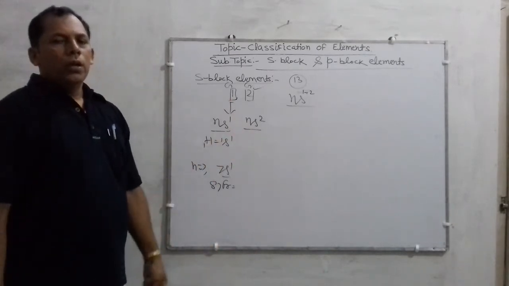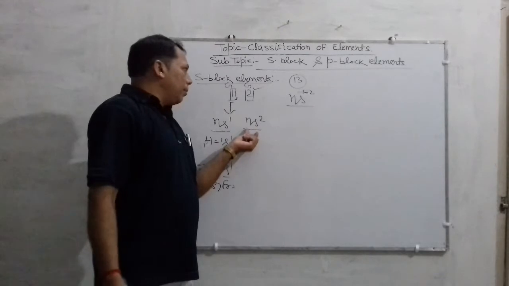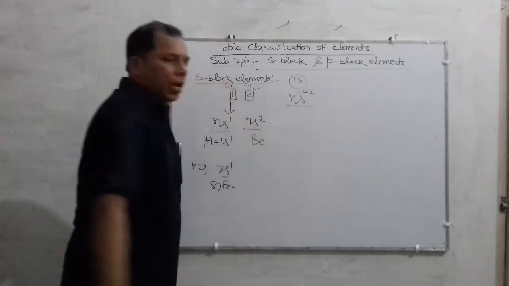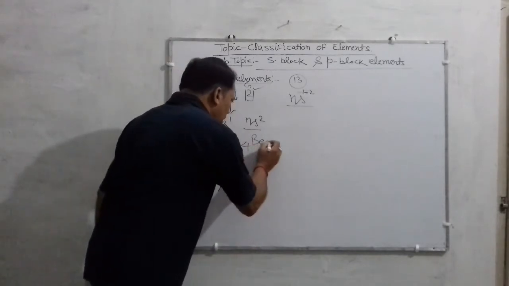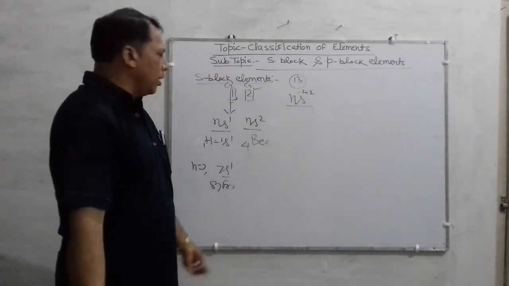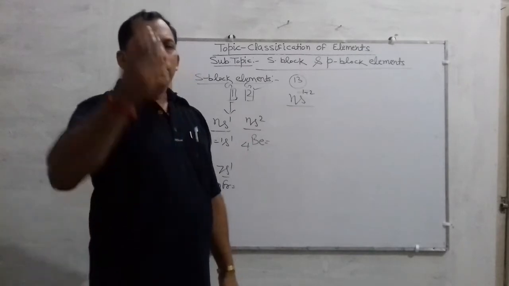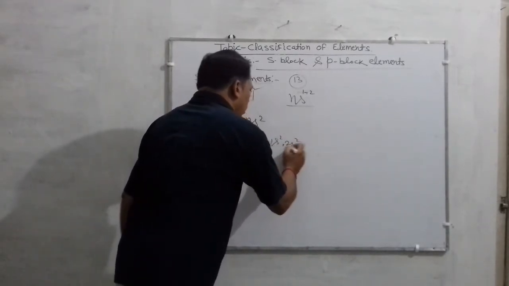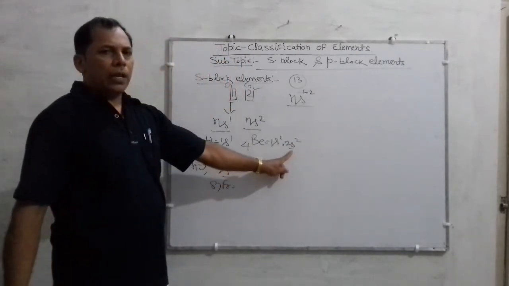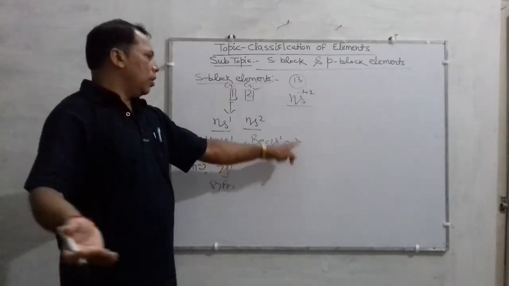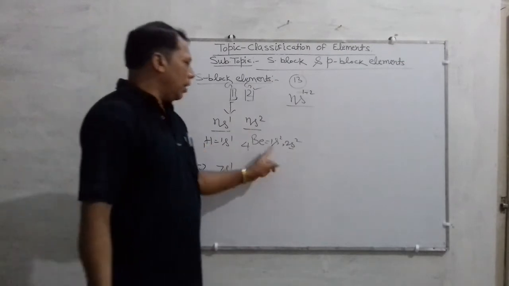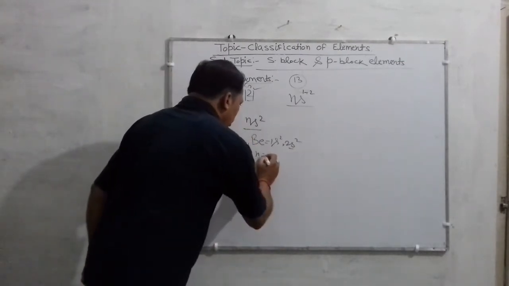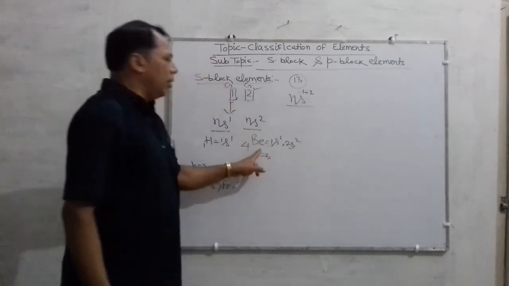Similarly, ns2: the first element of group second starts from, as you know, beryllium, atomic number 4. If we write it, its last electron will enter the S subshell, that is 1s2 and 2s2, occupying the S subshell. So no doubt they are members of the S block. So treat it as ns2. For n is 2, you are getting beryllium.